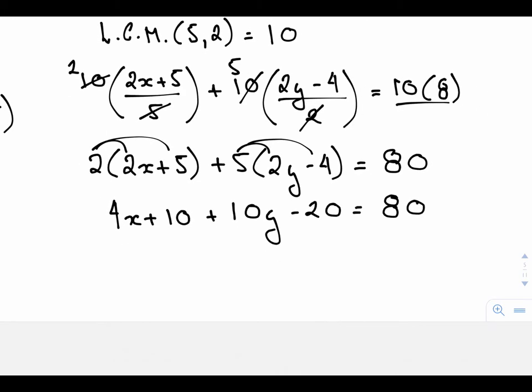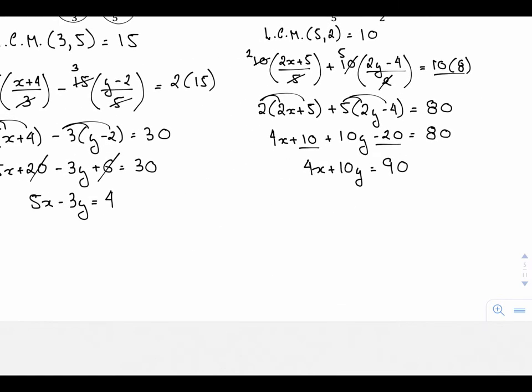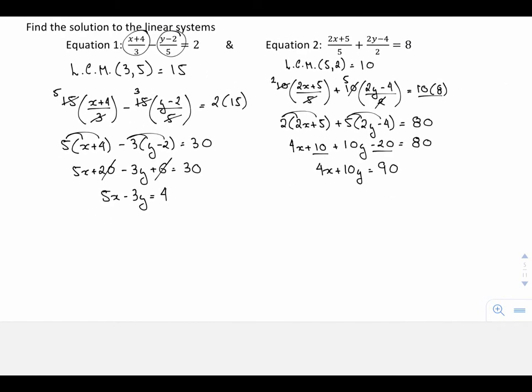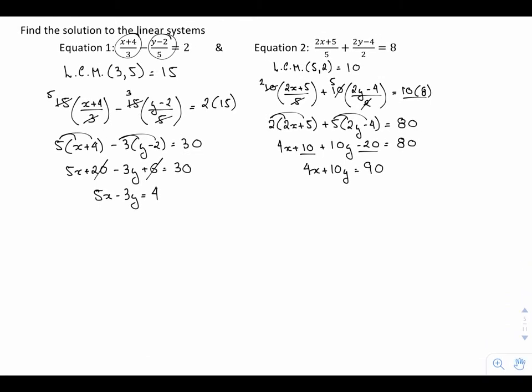Collecting like terms, 4x plus 10y, and then if I add 20 to the other side and subtract 10, I'm left with 90. So there we have it. We have our two equations, and they are without fractions. So this is good news.